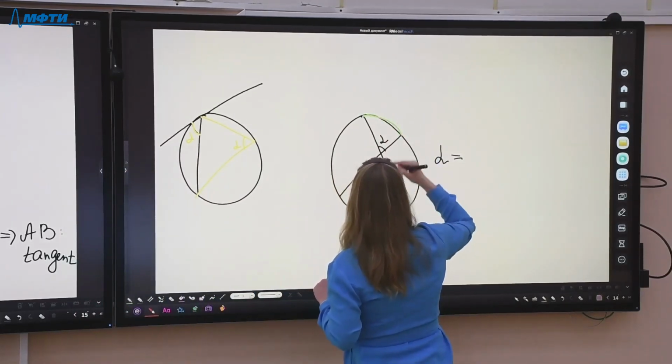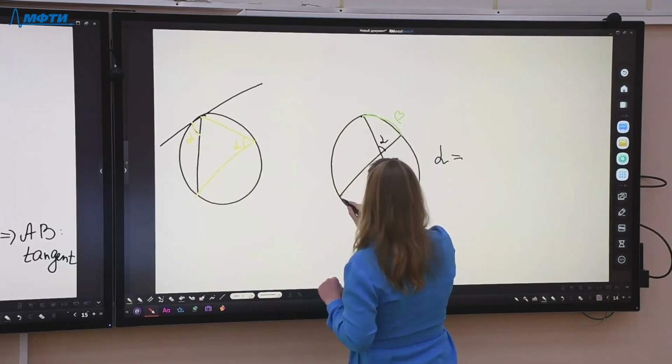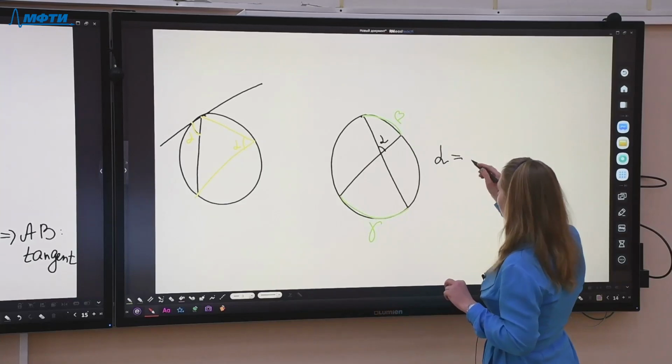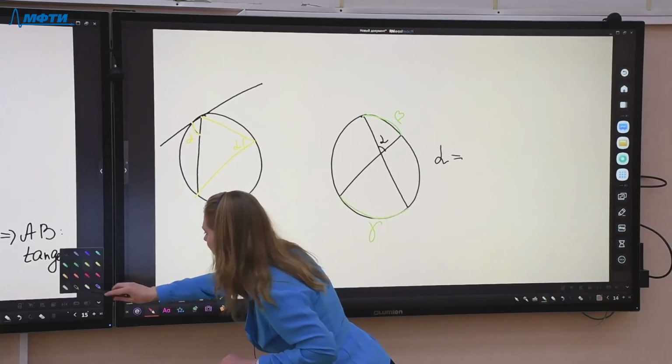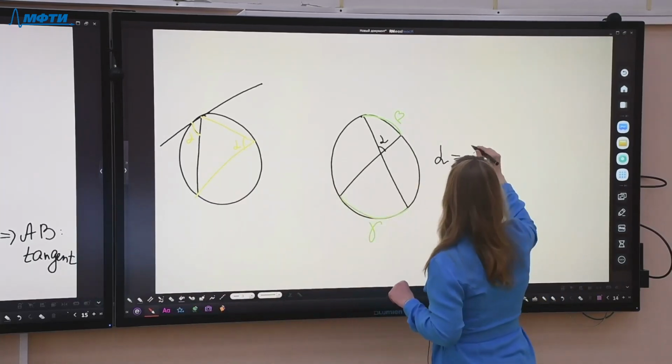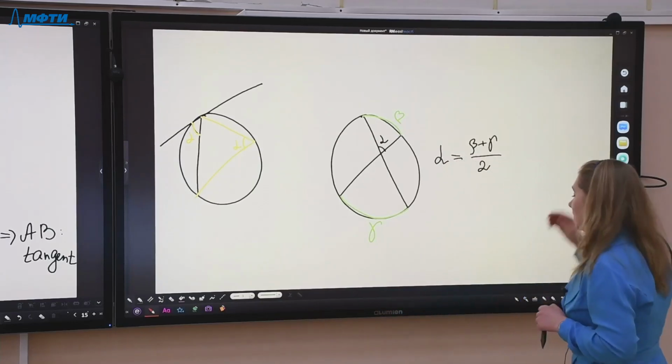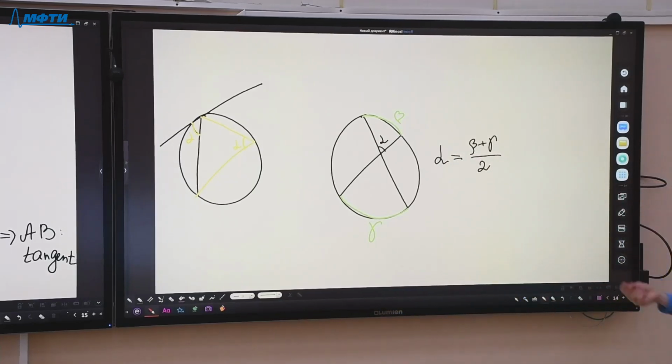This arc is beta, for example, and this arc is gamma. So alpha is beta plus gamma over 2. So the angle between two chords is half of the sum of the angles measured by two intercepted arcs.